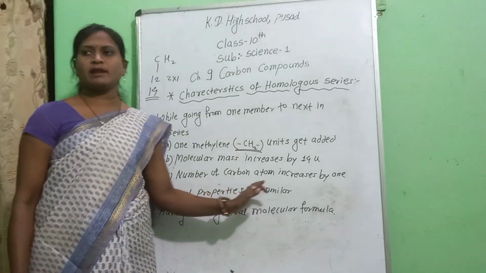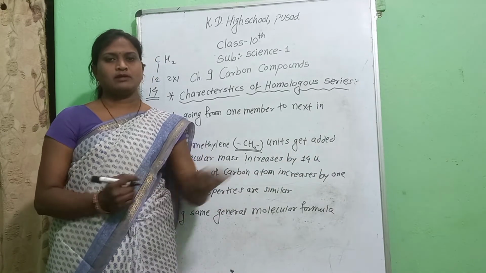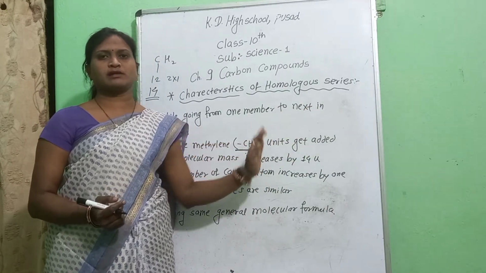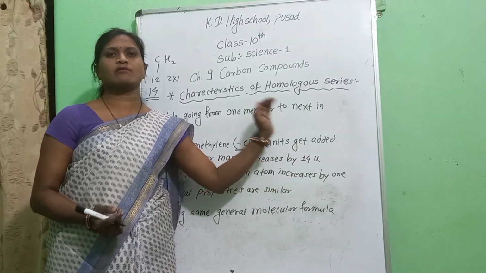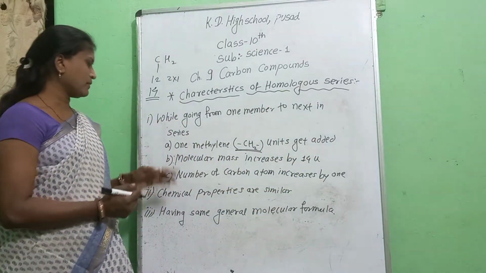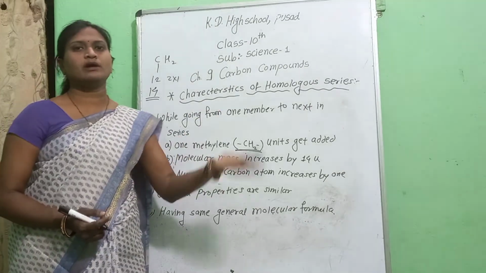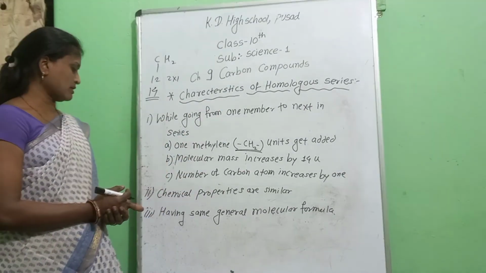The number of carbon atoms increases by 1 every time. First member CH3OH, second CH3CH2OH, third CH3CH2CH2OH, which means every time you add 1 carbon atom. So this is how one member goes to the next in a homologous series.